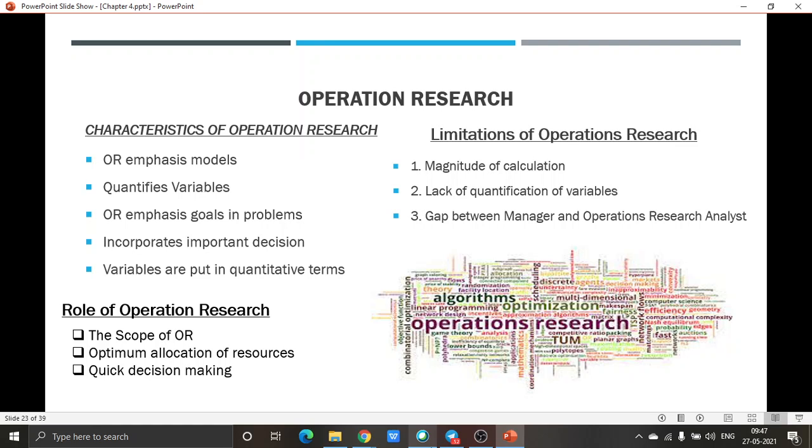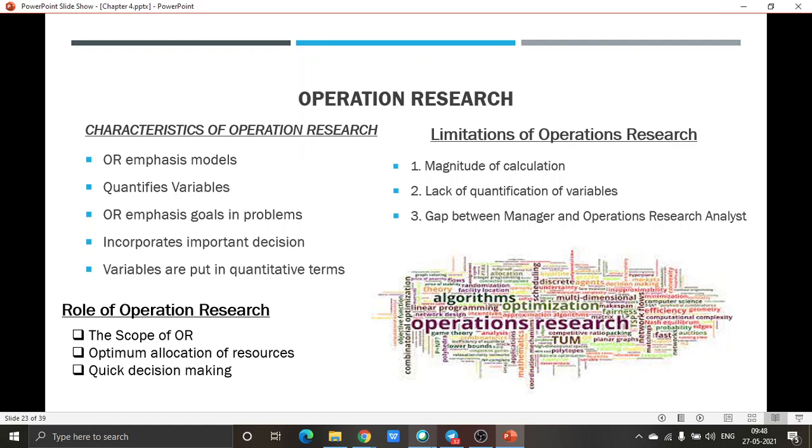It says operation research is the quantitative study of an organization in action carried out in order to find ways in which its functions can be improved. Now operation research, when it is abbreviated, is called OR.